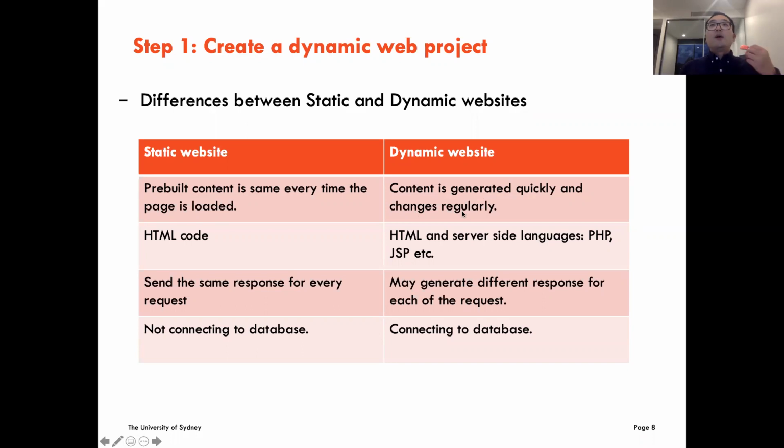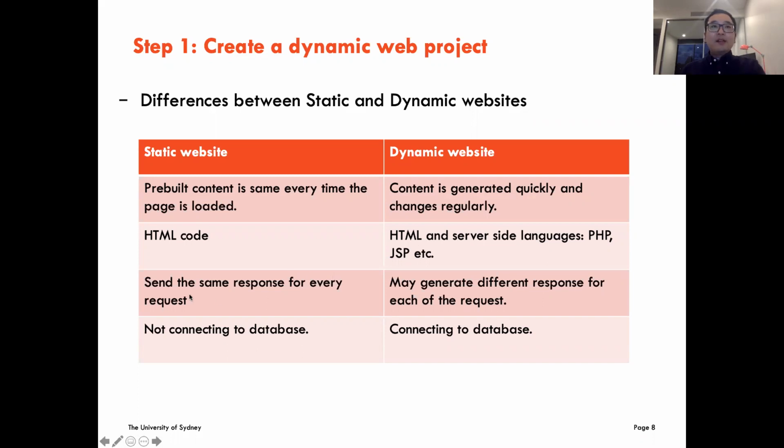It means the information is different based on the user's request or the user's information. Both of them can be implemented by HTML, and the dynamic websites can also insert some other programming language to make this HTML page more complex, so that they can handle requests based on users' different information.